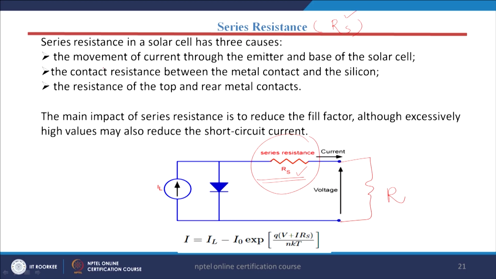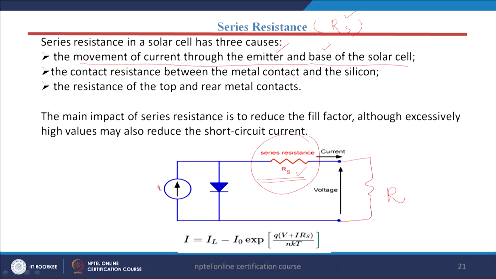The first one is the movement of current through the emitter and base of the solar cell. We have electronic devices, there we have emitter and base. Due to the movement of current, you know that there is opposition to the flow of current, and that opposition is nothing but the resistance.